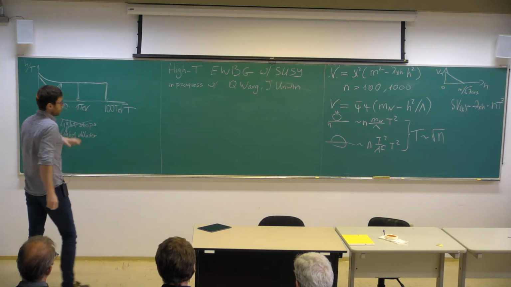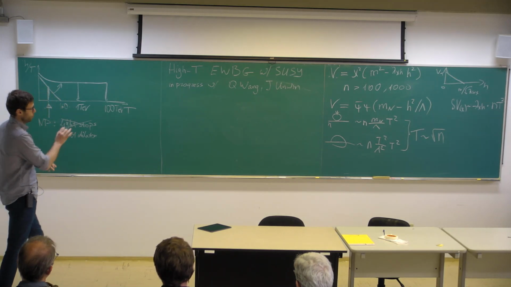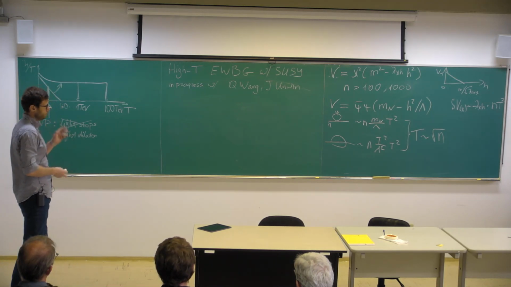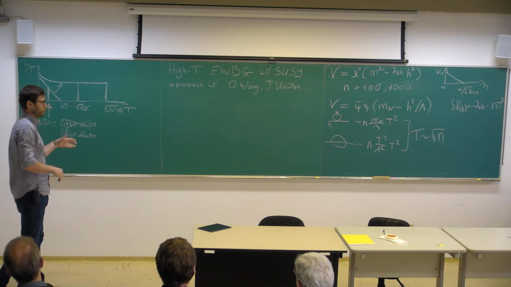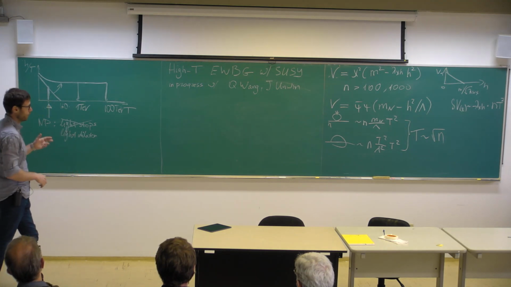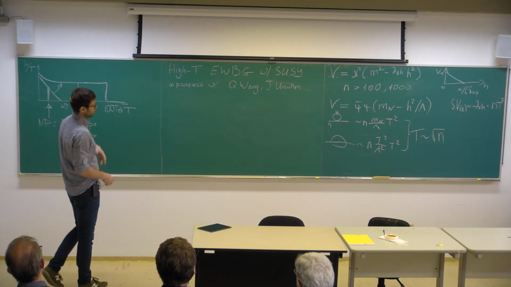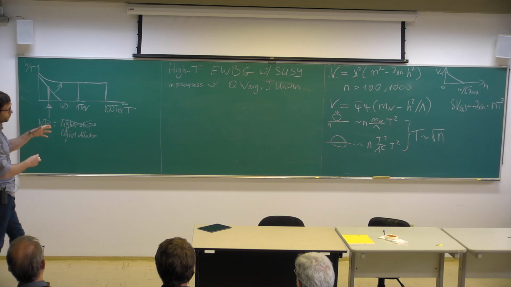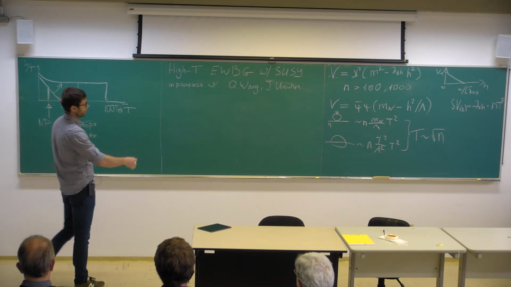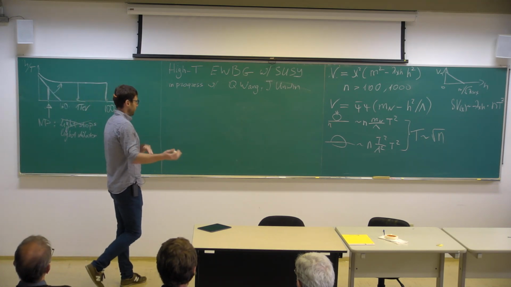So the high temperature breaking of symmetries in a supersymmetric context was studied quite some time ago for different purposes. For instance, to avoid formation of monopoles or domain walls if the GUT symmetry gets restored at high temperature. So people were looking at how to prevent the restoration of the GUT or other symmetries.